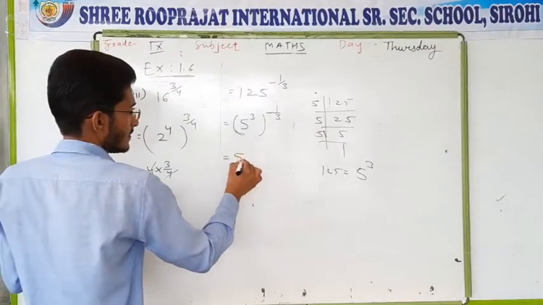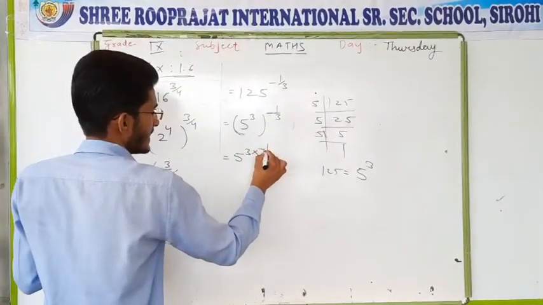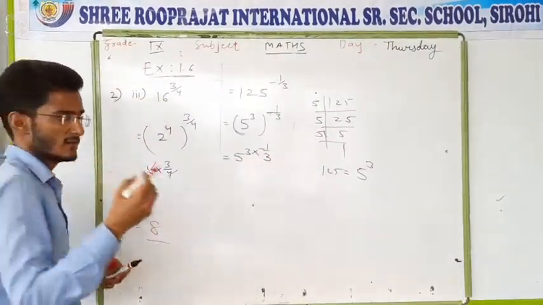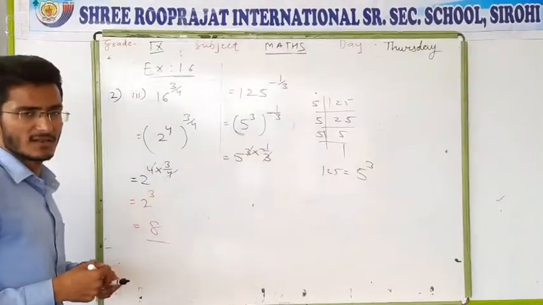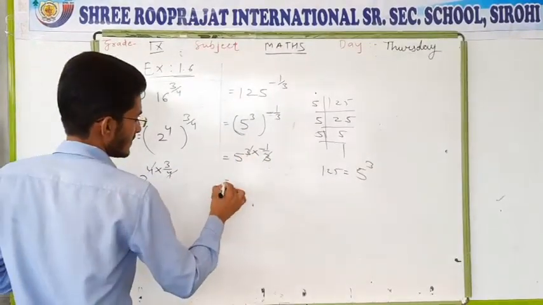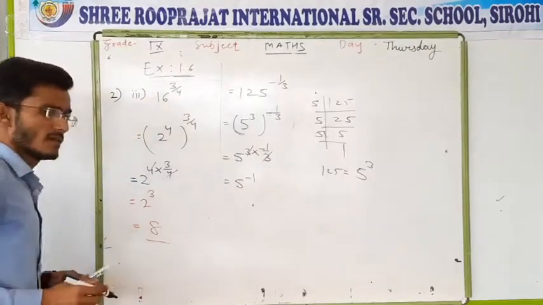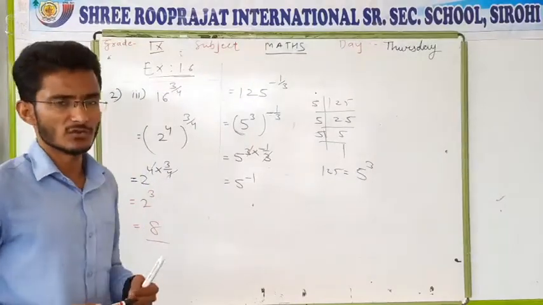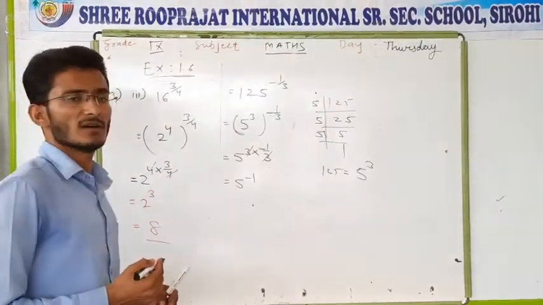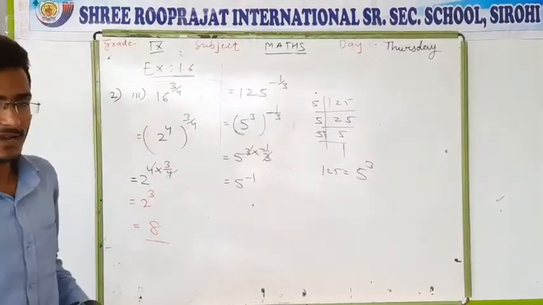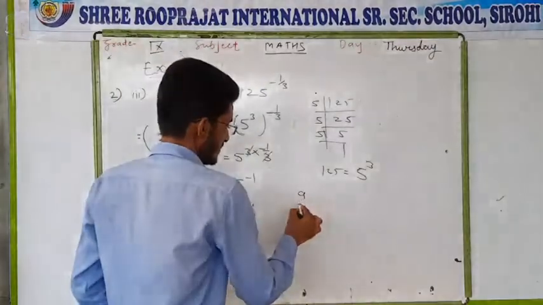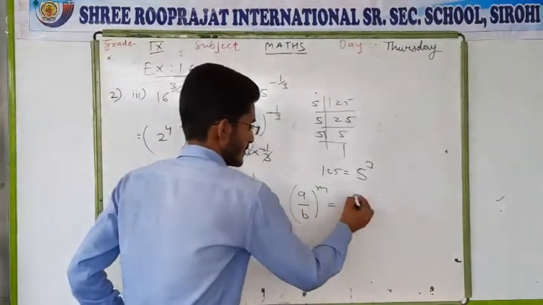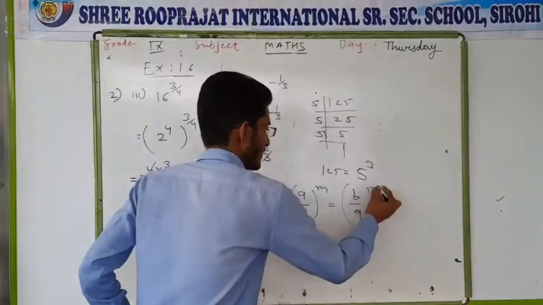If you open the bracket, 5 to the power 3 multiplied by minus 1 by 3. Again, the numerator and denominator of the exponent are divisible, so here you will get only 5 to the power minus 1. Now, as we learned earlier, (a by b) to the power n equals (b by a) to the power minus n.